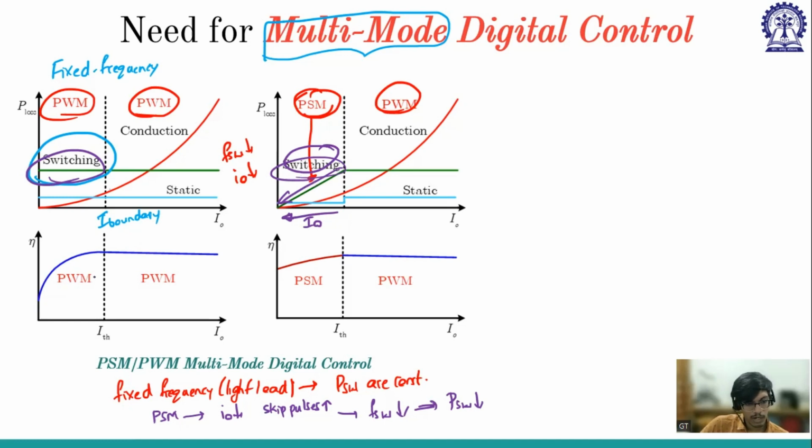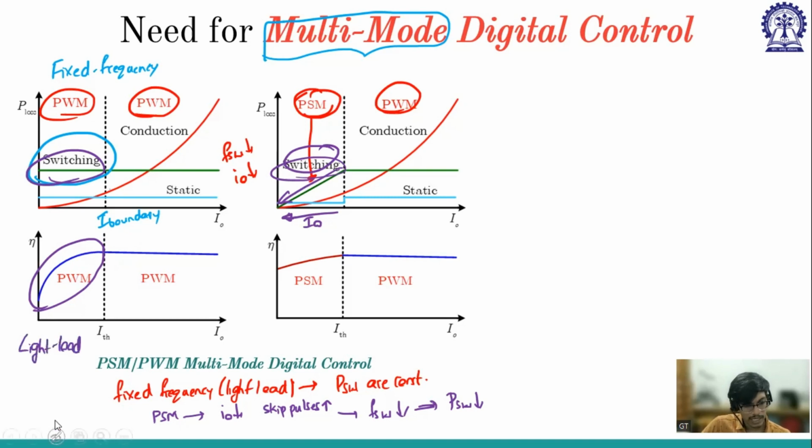In the case of PWM at, say, no load condition, there will still be switching losses and they are constant. The output power is close to zero, but the losses are there, which means the efficiency is very poor, almost a very low value. That's why if we operate in PWM, the efficiency in the light load condition will be very poor.